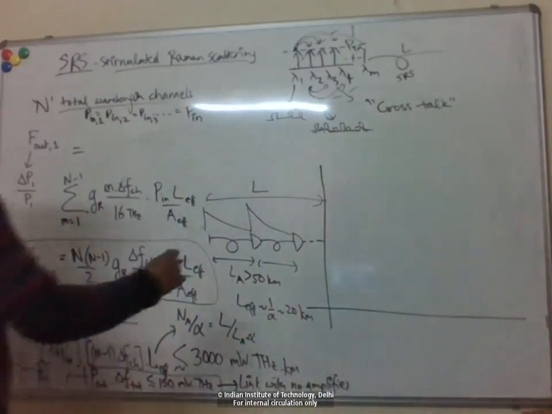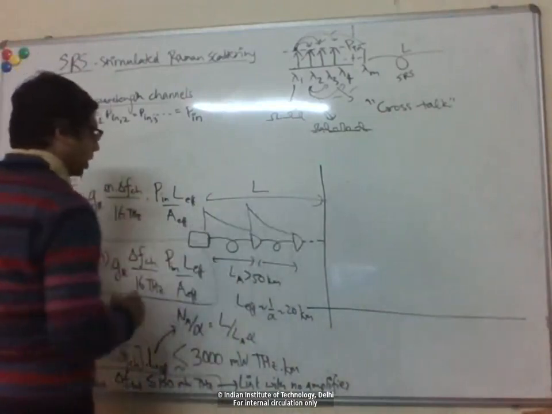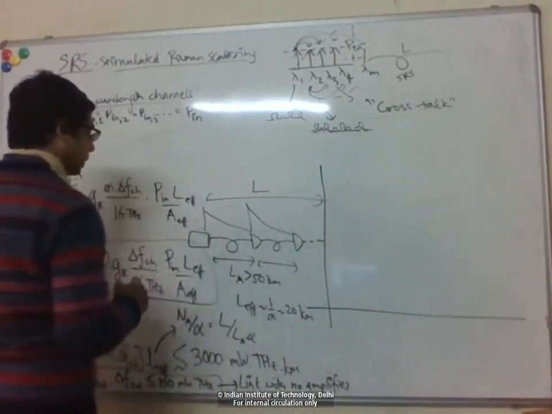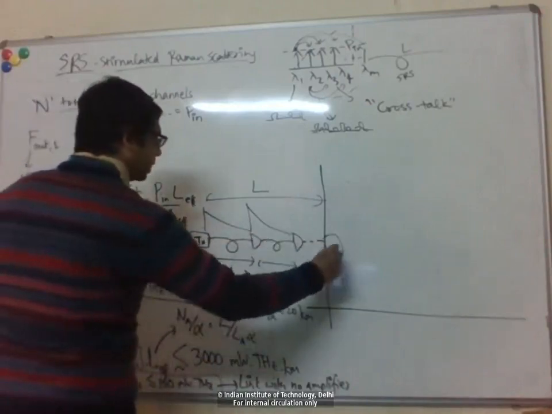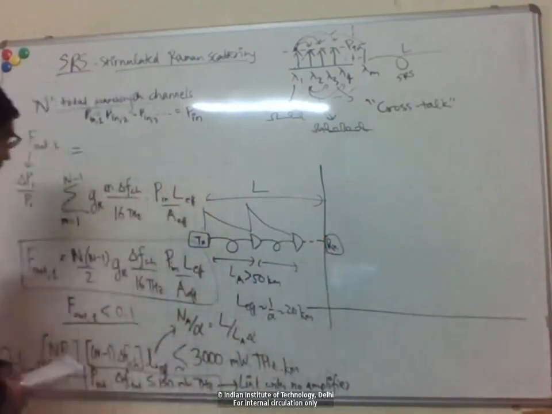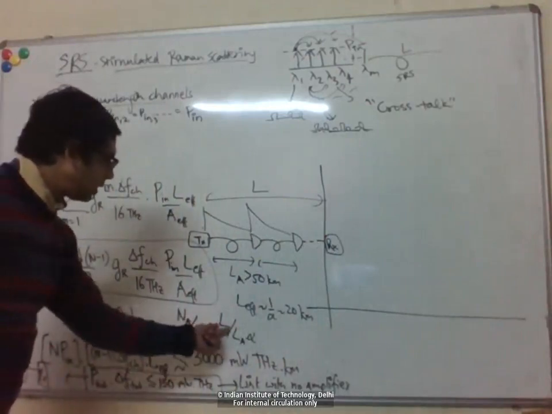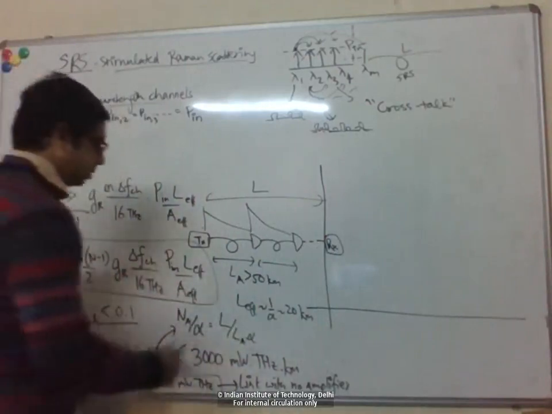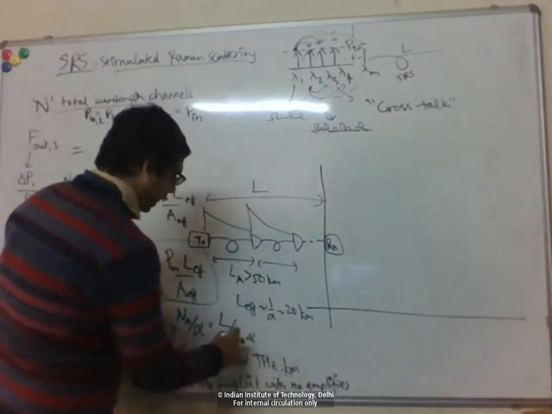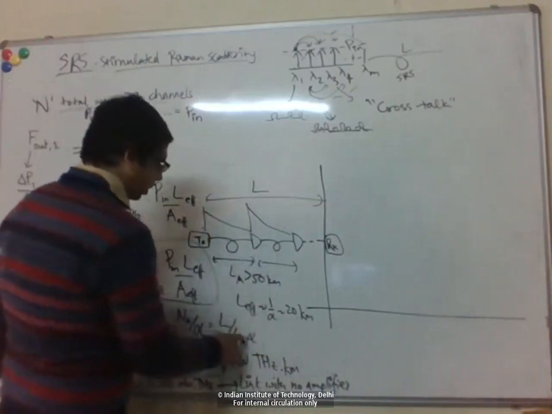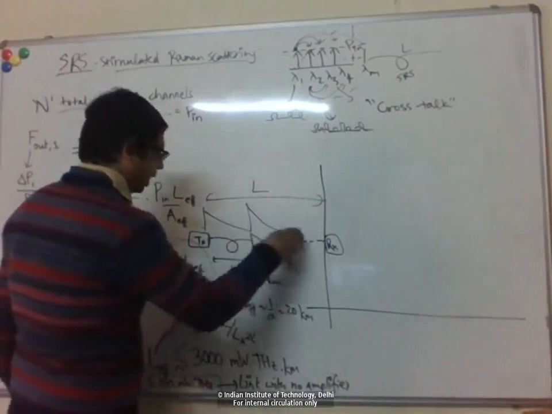Now, if you go to long transcontinental or terrestrial links, then you have amplifiers in between. So now L effective I can write as the total link length divided by some constant number. Alpha is a constant number, 0.2 per kilometer, and LA is also a number given by how often I have an amplifier.